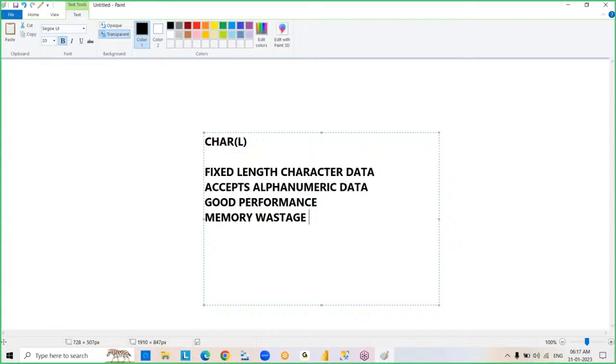But now the question is how this space wastage occurs. I'll give you an example. We already discussed that in SQL we can store data only in the form of tables, right? Suppose we are working with some table. The table contains an ename column. For the ename column, I have given the data type as char of 10.